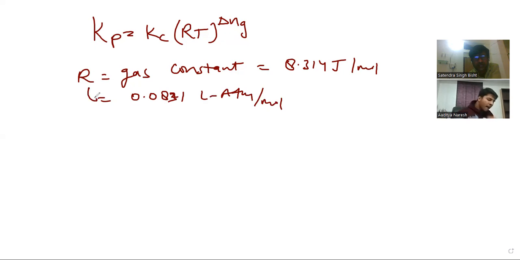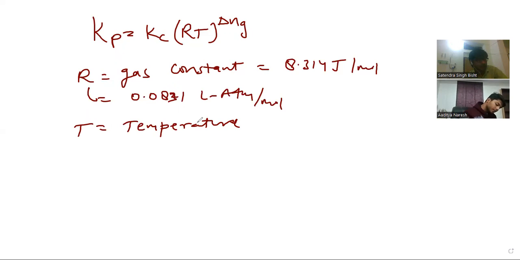Its value is fixed and given in the question because it is constant, and T is for temperature.